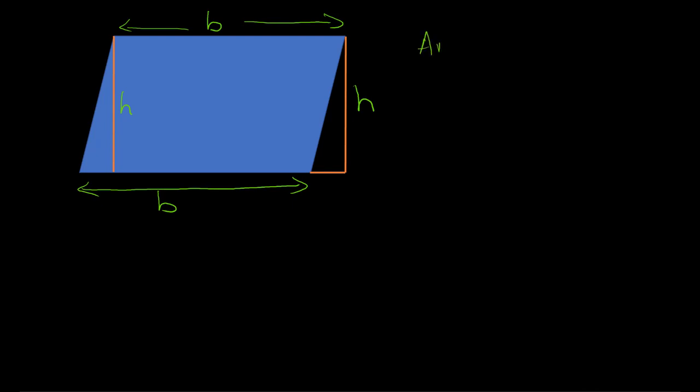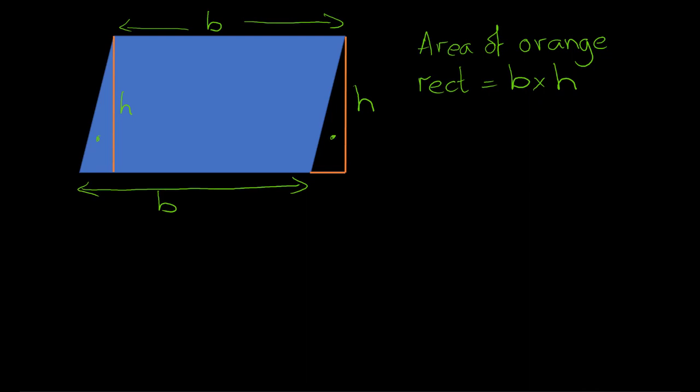So the area of the orange rectangle that you can see there would be B times H. All we've got to show is that the area of that rectangle is the same as the area of the blue parallelogram.